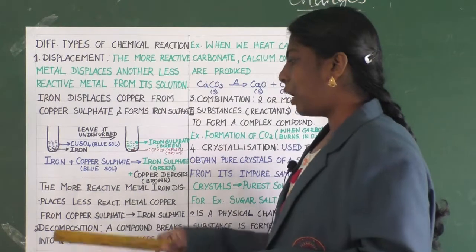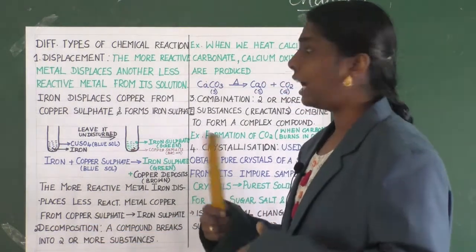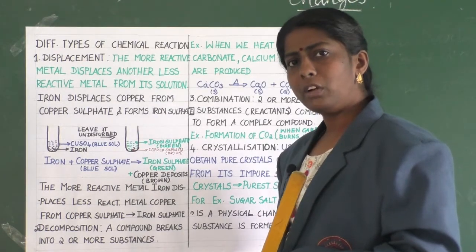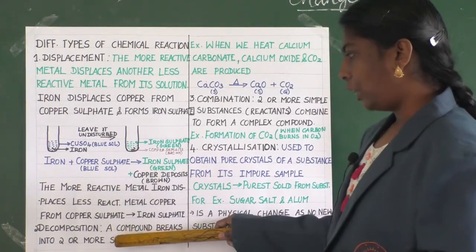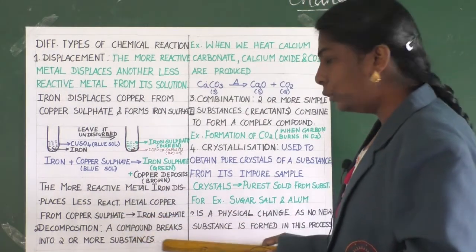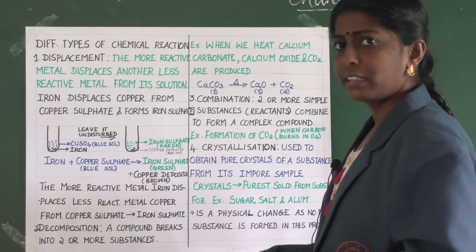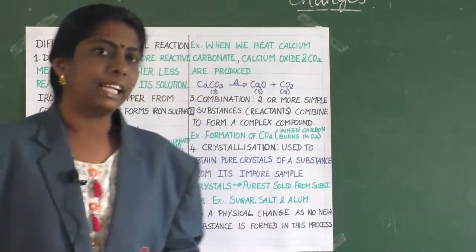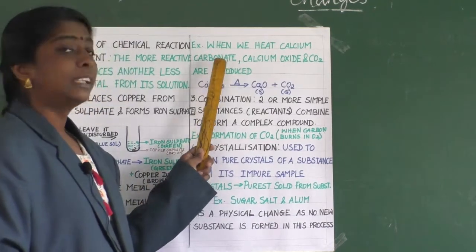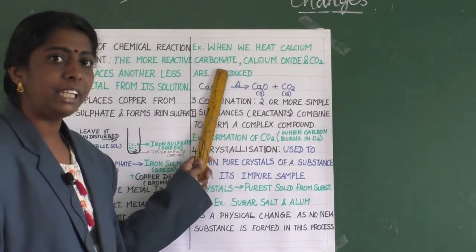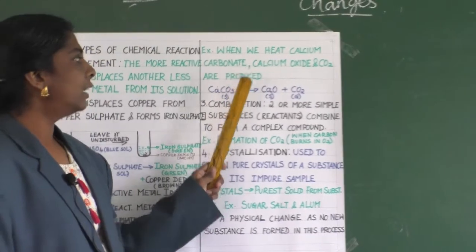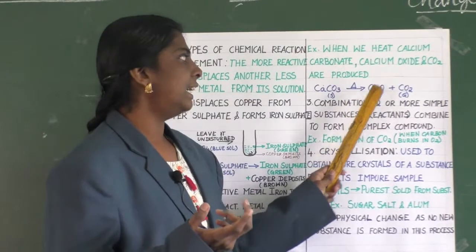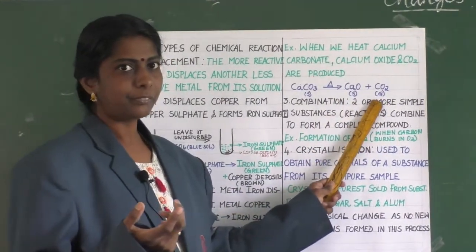Yes. The next step is about decomposition. This is also another chemical reaction, decomposition. So what do you mean by decomposition? It's nothing but a compound breaks down into two or more substances. So for example, when we heat calcium carbonate, it will break down into products like calcium oxide and carbon dioxide.